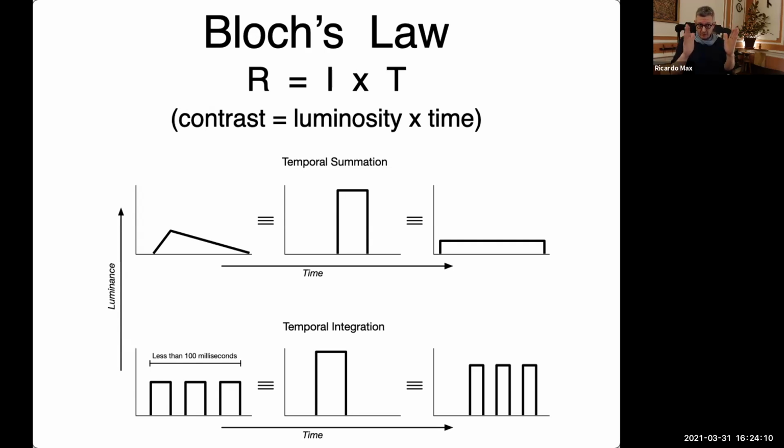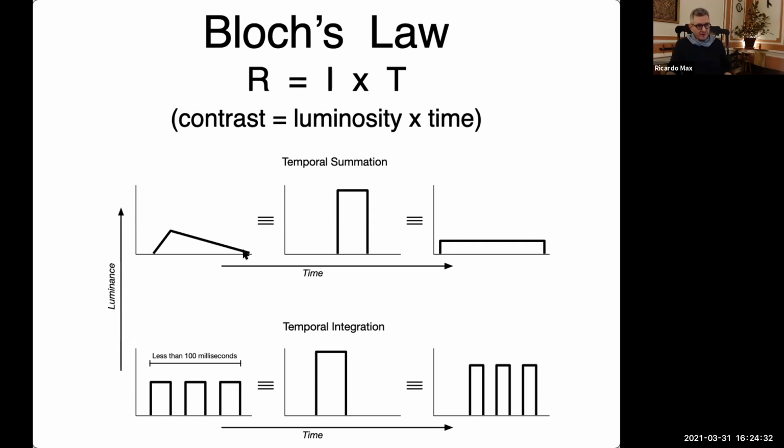It's a long window of time. So whatever happens within 100 milliseconds in terms of change in luminance, in terms of the amount of photons that reach our retina, our perception will be identical.